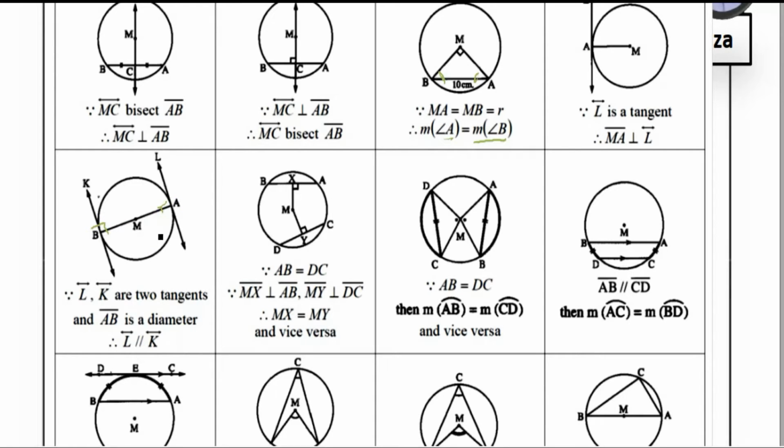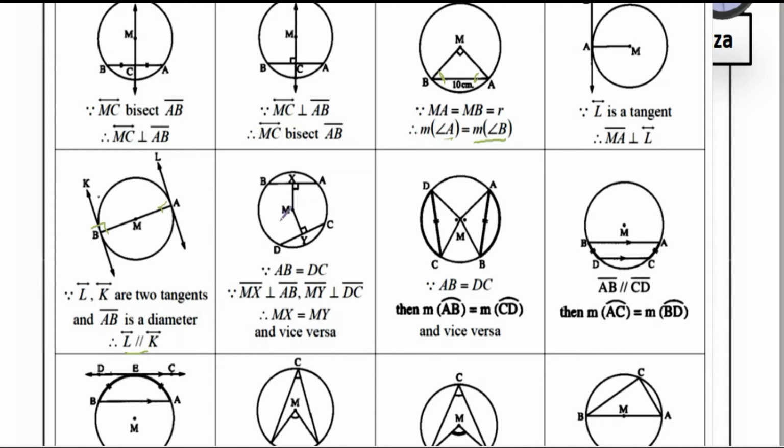So the two straight lines L and K are parallel. So we have two tangents at the end points of the diameter AB. What do you deduce? The two tangents at the end points of the diameter are parallel.